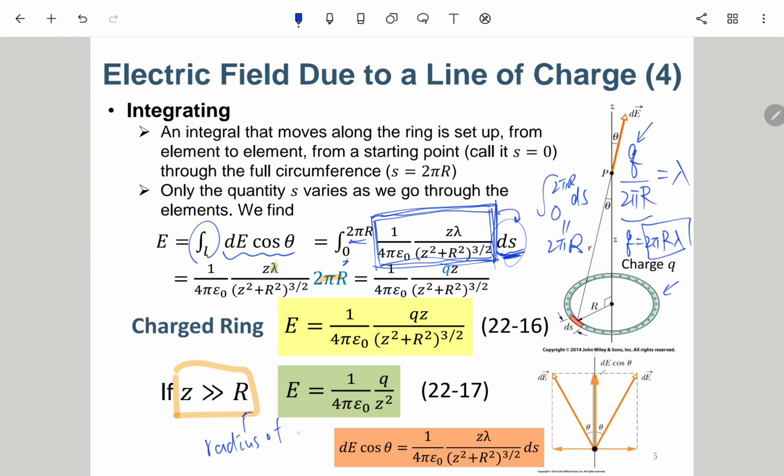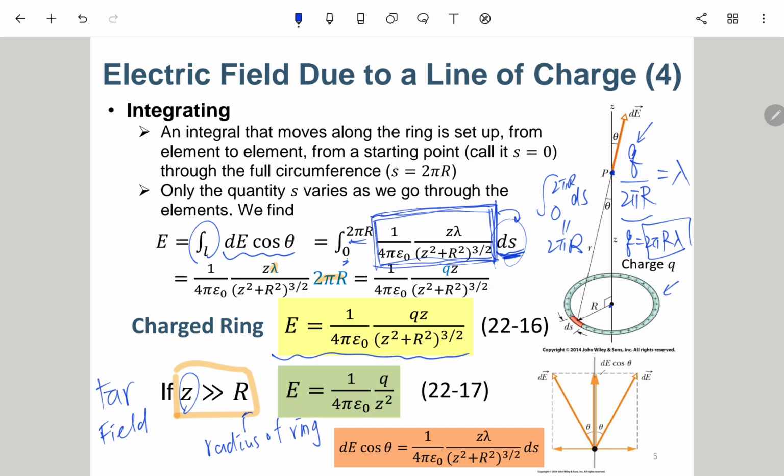Radius of the ring, 就是那个环的半径。然后我们也假设这个点到这个环的圆心的距离 z 远大于这个半径，也是一个 far field 的假设。Okay, so here if we assume z is much larger than r, this expression can also be simplified.